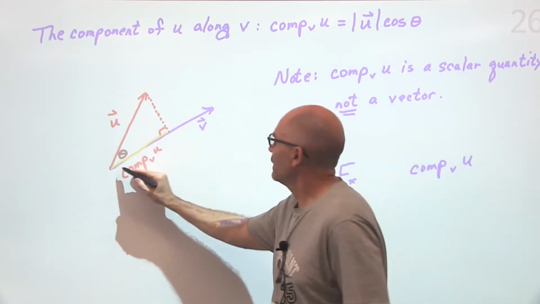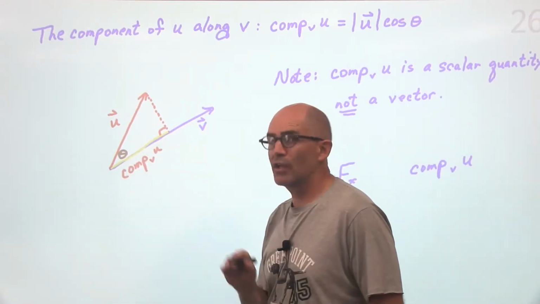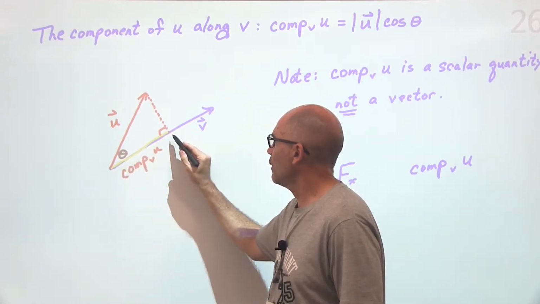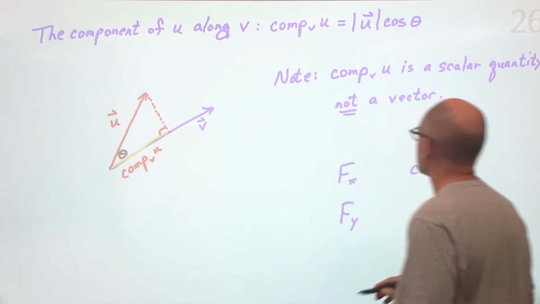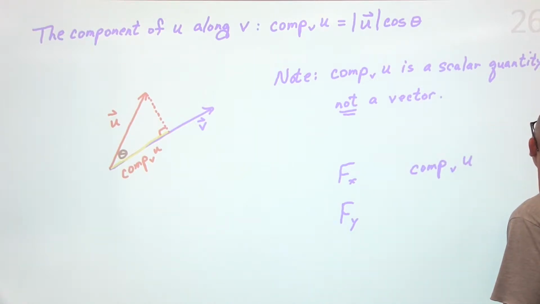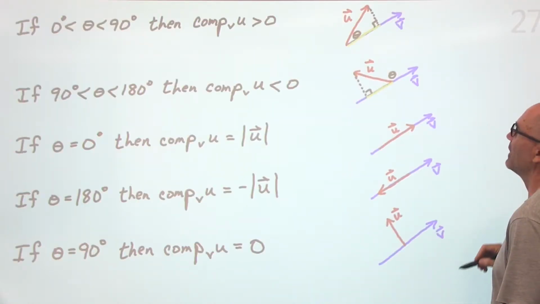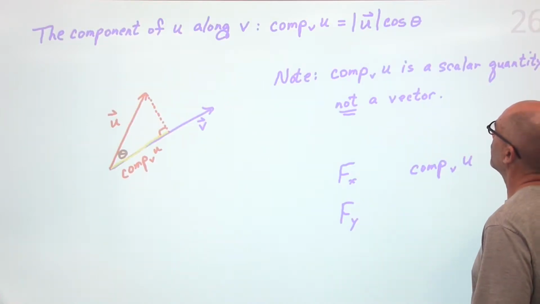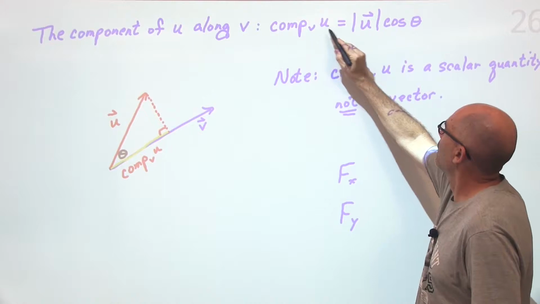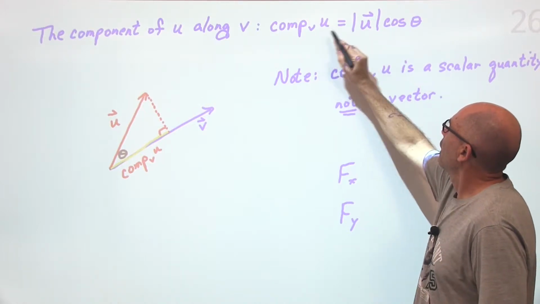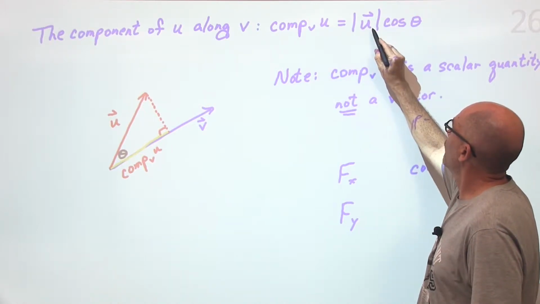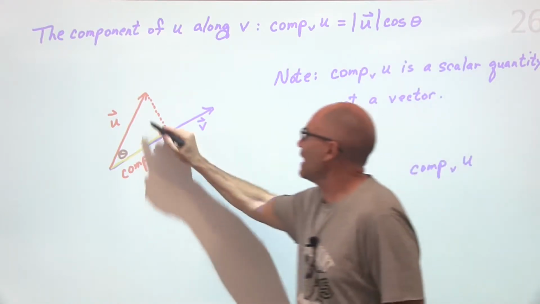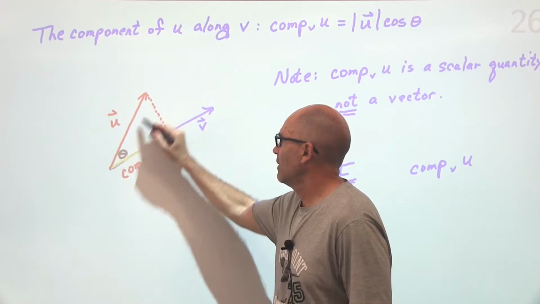All it is is this distance here. We're going to look at vectors in a little bit, but right here, this is the component of u along v. All right, so how do we get that? Actually, I already showed you how we get it. We get it by taking the magnitude of u times cosine of the angle in between u and v.